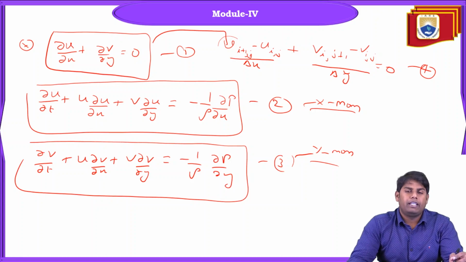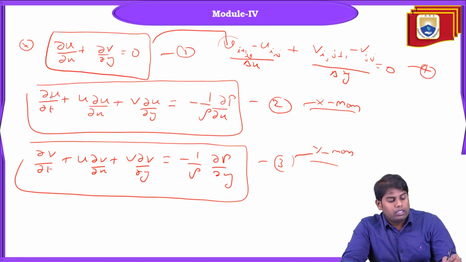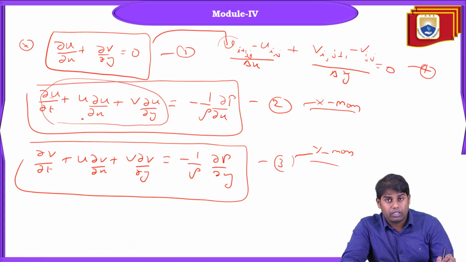Now what happens when you use the predictor? When you give the initial values, first you predict the velocity and the pressure. You supply the initial values of velocity, not pressure, in the momentum equation, and you get the value of pressure.